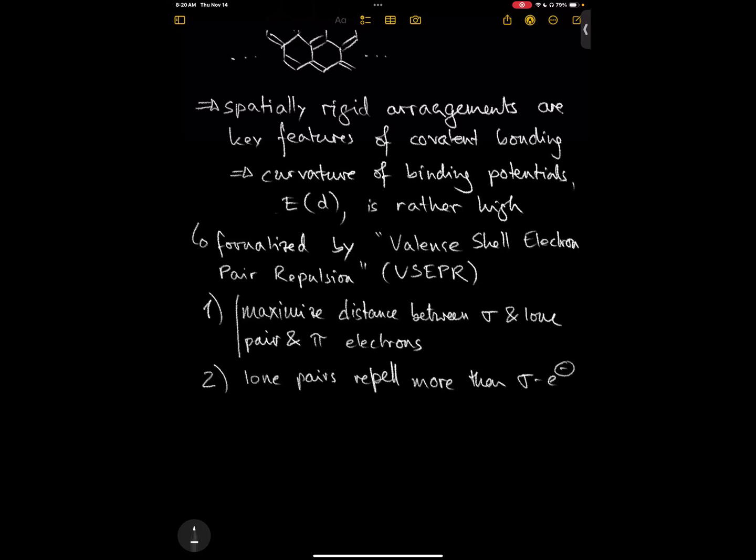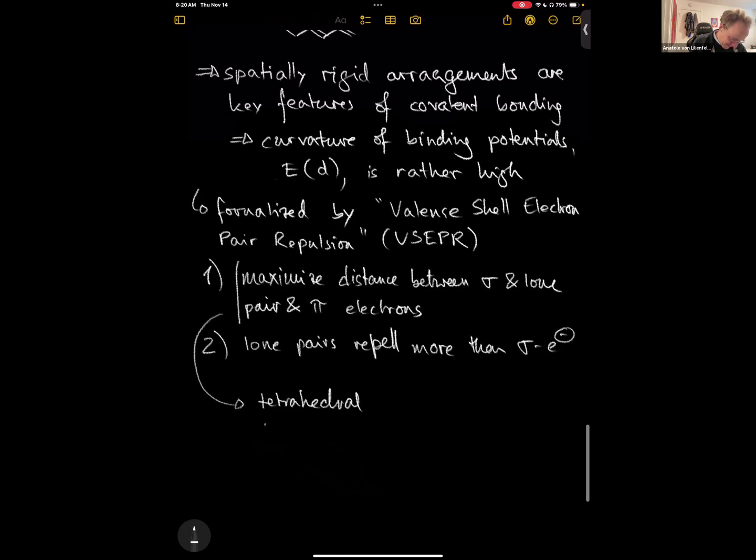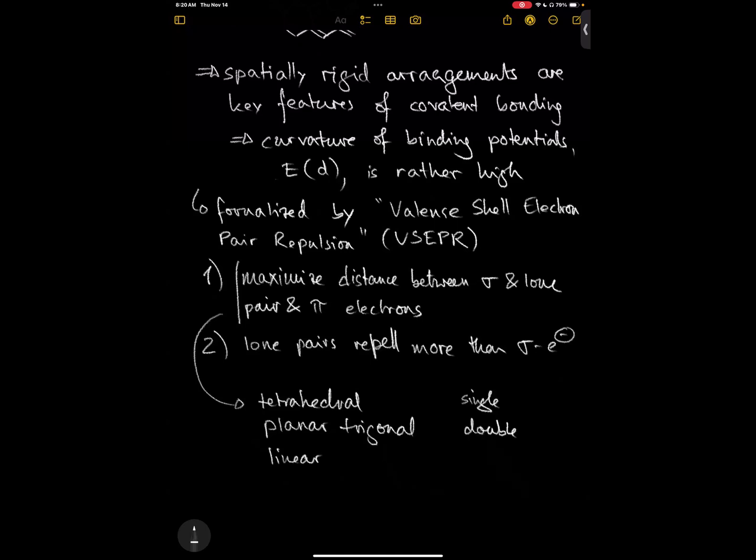So maximizing the distance between the sigma bonds results in the tetrahedral, planar, trigonal and linear geometries for single, double, and triple bonds.